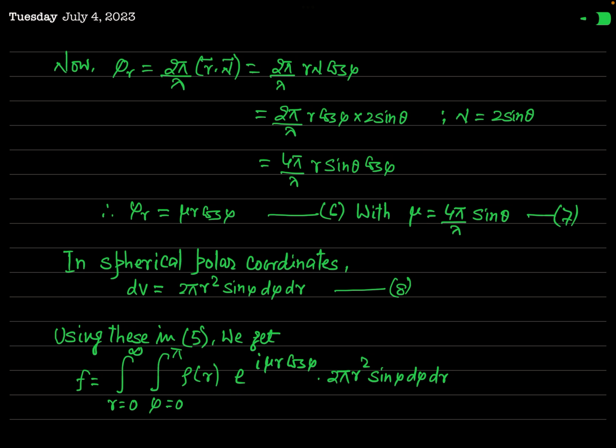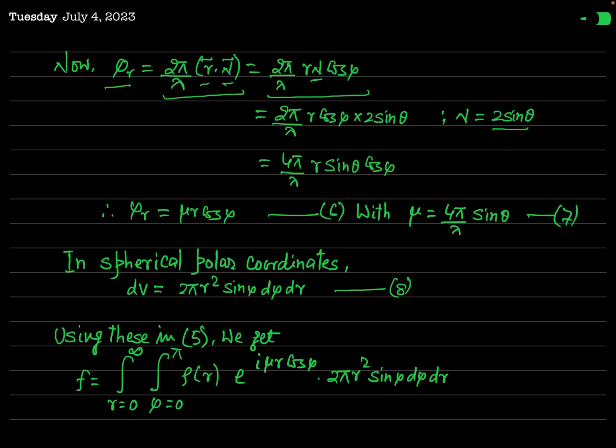As you have seen earlier, this phi r, which is the phase difference between the waves scattered from the volume element and that from the single electron, was given by 2 pi over lambda times r dot n. But you have seen that the angle between vectors r and n is phi. So according to the definition of a scalar product, you can write this as 2 pi by lambda r n cos phi. You have also seen that n, the magnitude of the scattering normal vector, is equal to 2 sine theta.